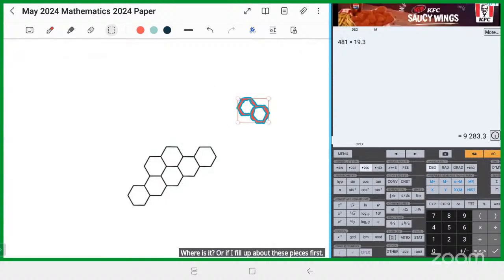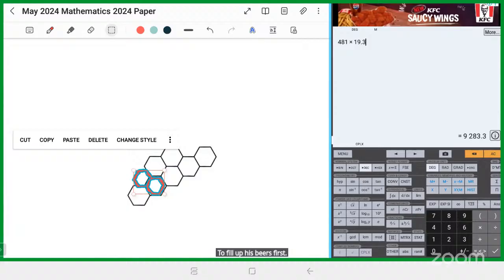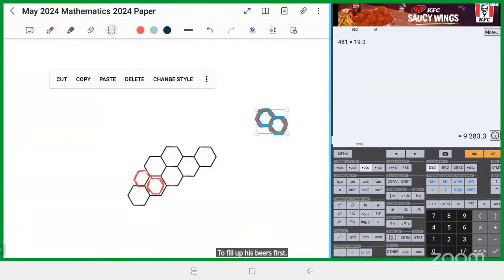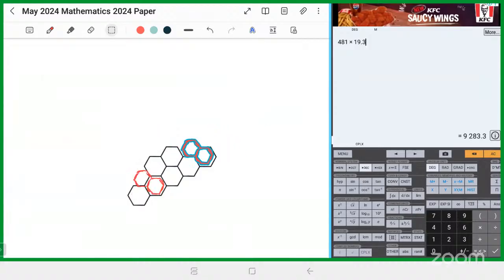We have to fill up this space first, and this space too. Like it gets smaller. And then put another one on it.